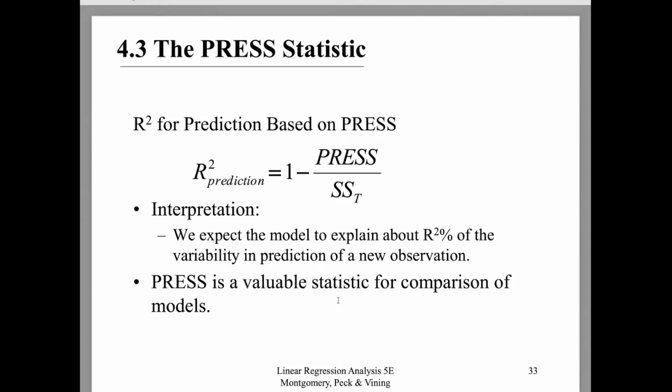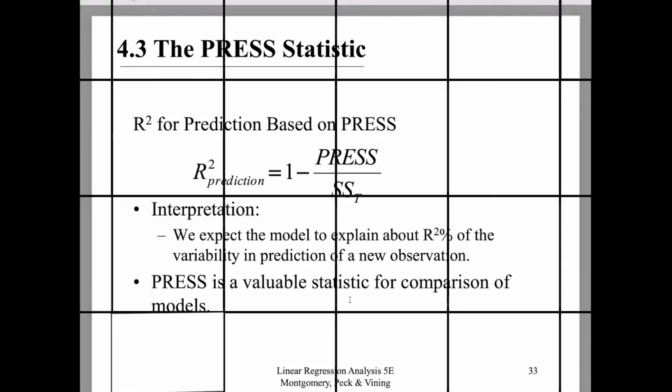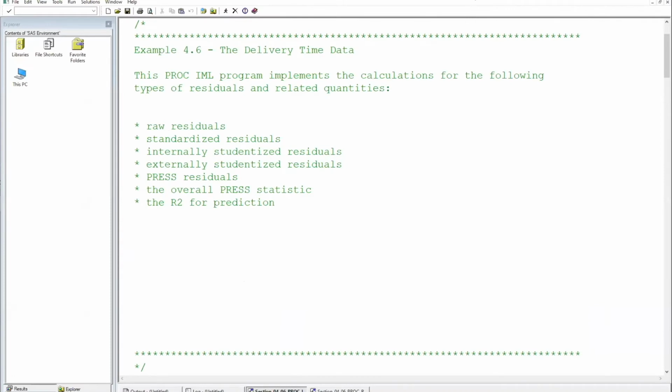So what I want to do next is to look at a couple SAS programs to see how we can calculate the PRESS statistic. We're going to use PROC IML, the interactive matrix language. We'll also use PROC REG, and we'll see in PROC REG how to get the PRESS statistic and how to get the R squared for prediction as well.